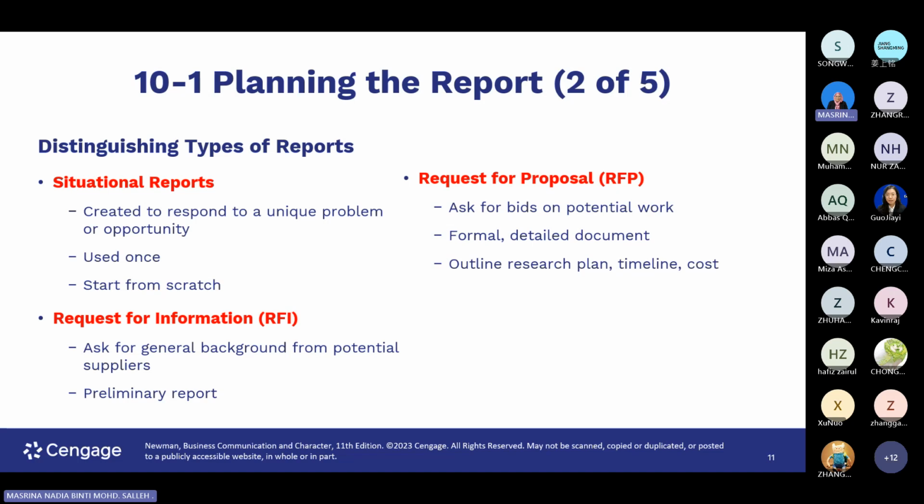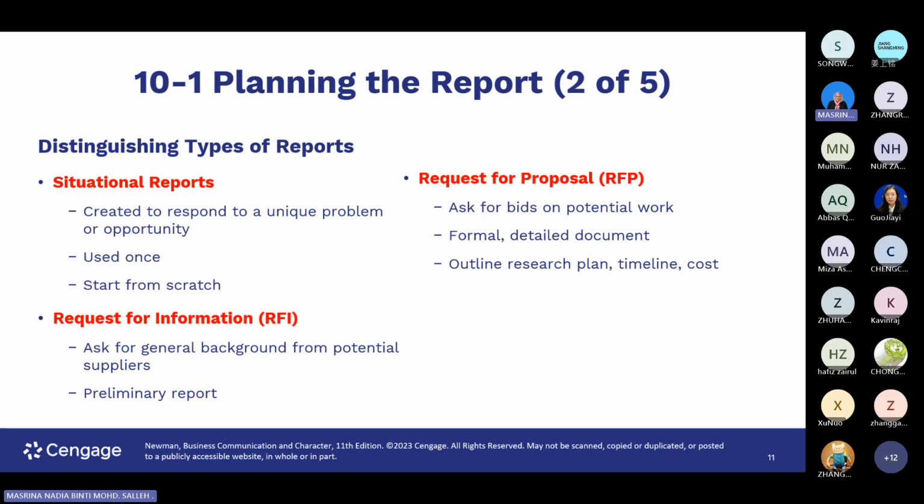We have a few different types of reports, and you should know the differences between them, because they have different ways or designs. We have the situational report, where you are responding to issues or problems. This might be very useful for those who work in customer relationship and customer services.